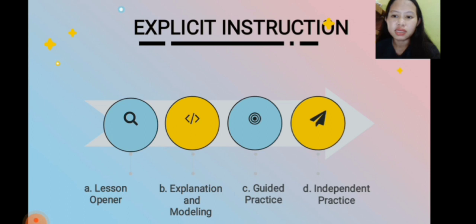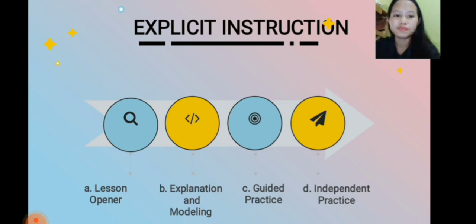When we say explanation and modeling, this is a clear step-by-step procedure providing examples and non-examples of the topic for the day. So it means in this part we are already discussing the topic.